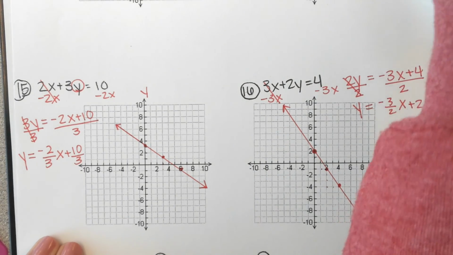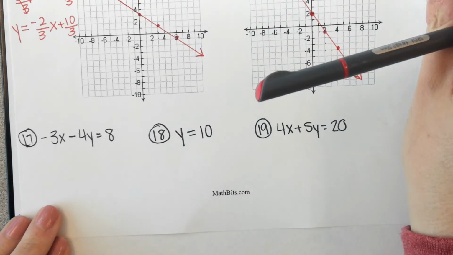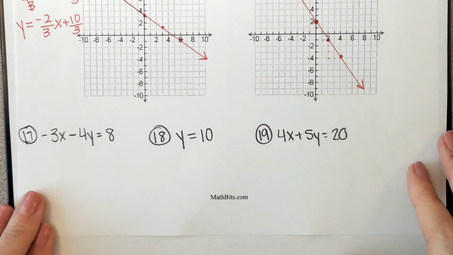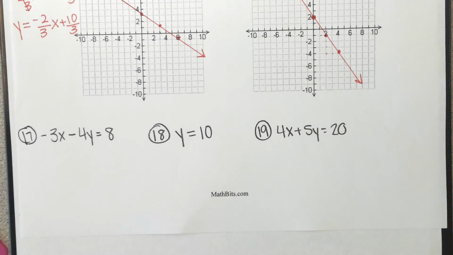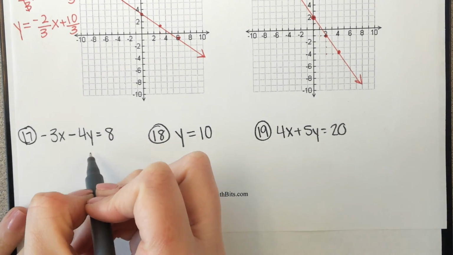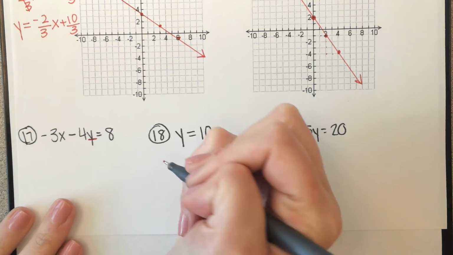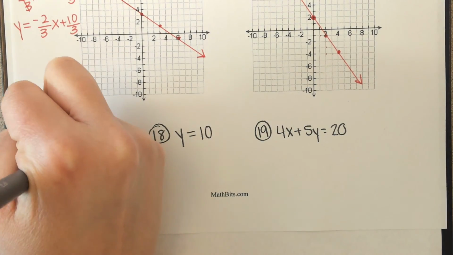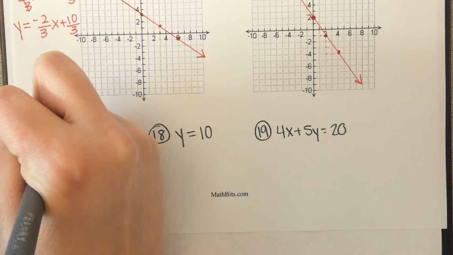Now, our last few examples here, we're just going to practice putting these in slope-intercept form and then picking out m and b. Okay, so just a little bit more practice of 15 and 16 without putting it on the graph. All right, so number 17, we want to get y by itself. So we're going to add 3x to both sides.